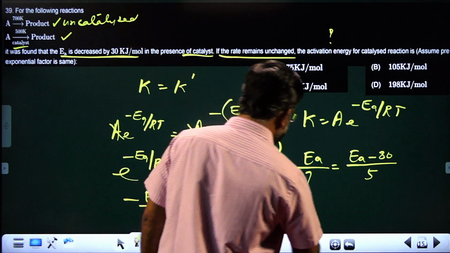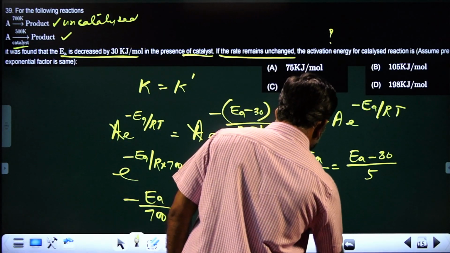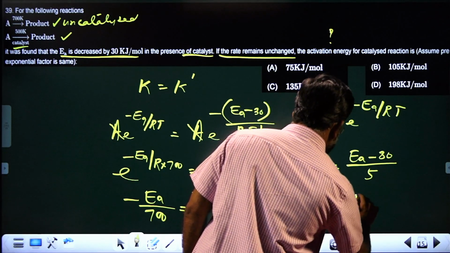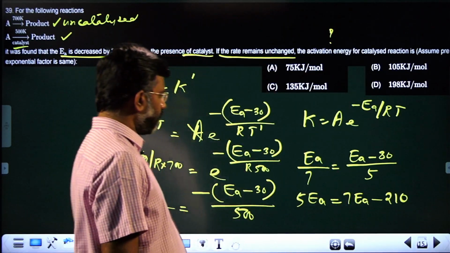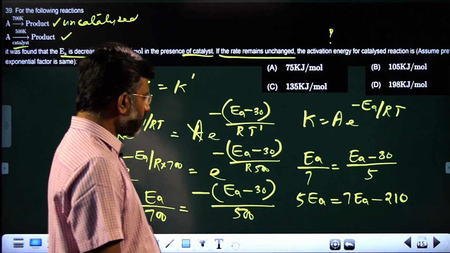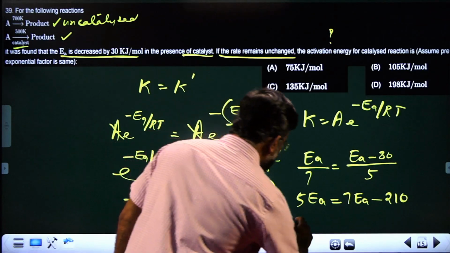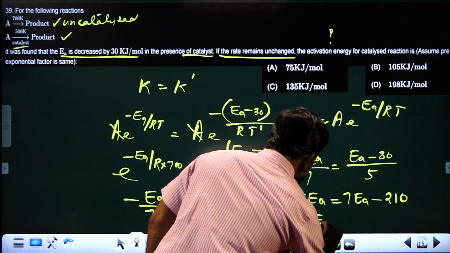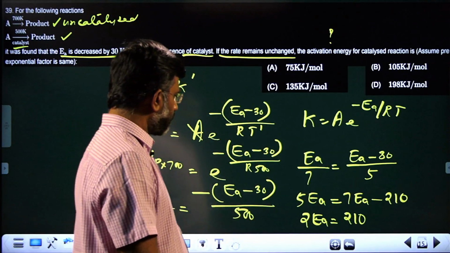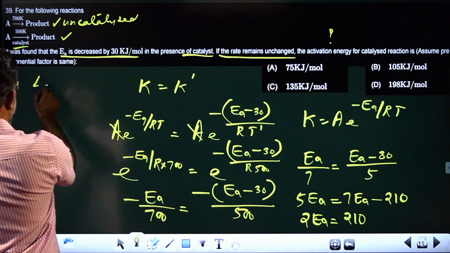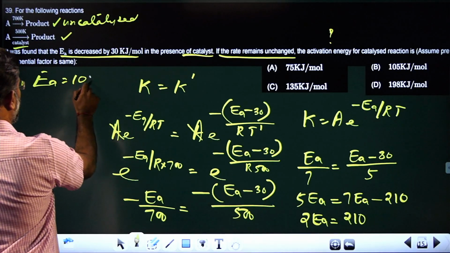So 5 EA equals 7 EA minus 210. Therefore, 2 EA is equal to 210, and EA is equal to 105.